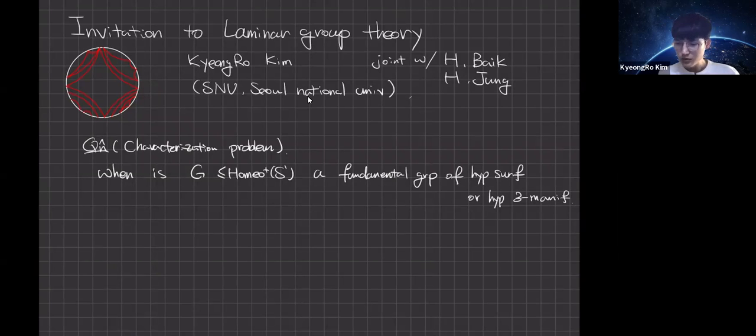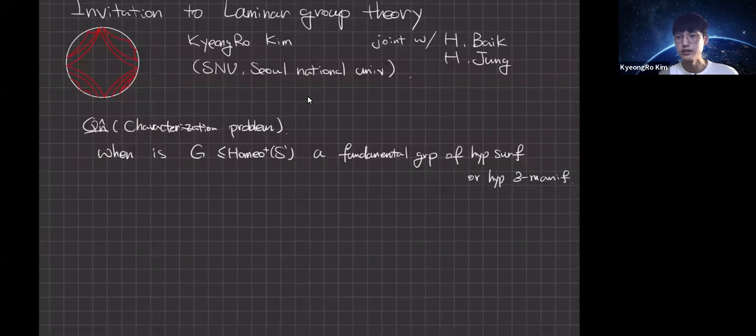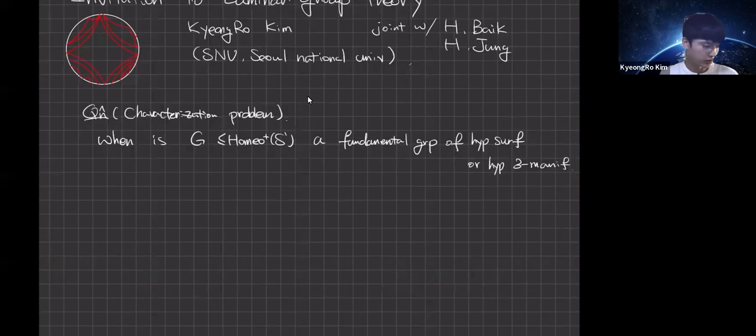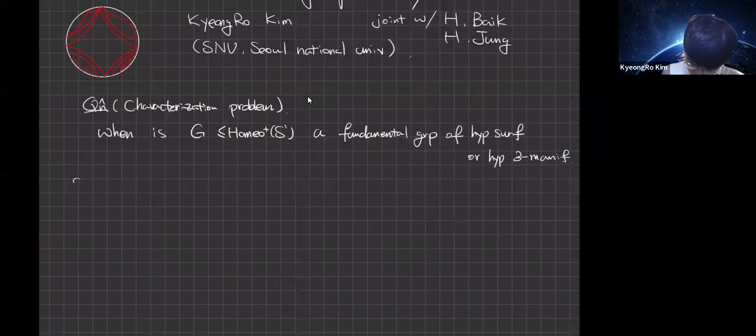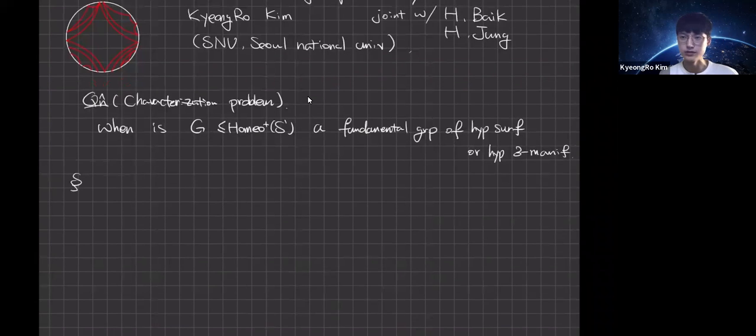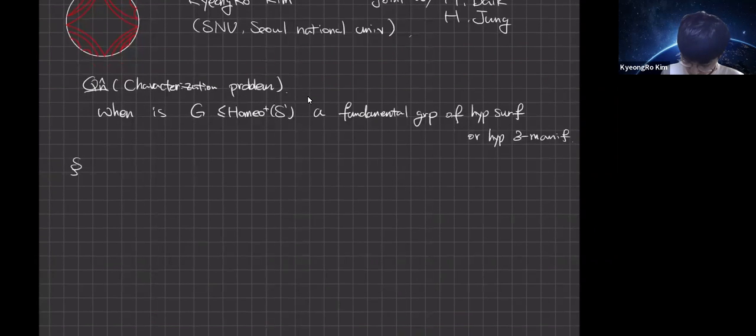So by the way, what's the typical or standard circle action of the surface group or three manifold group on the circle? Let me explain the surface group case. Now we consider the pi1 of a hyperbolic surface in Homeo plus S1.